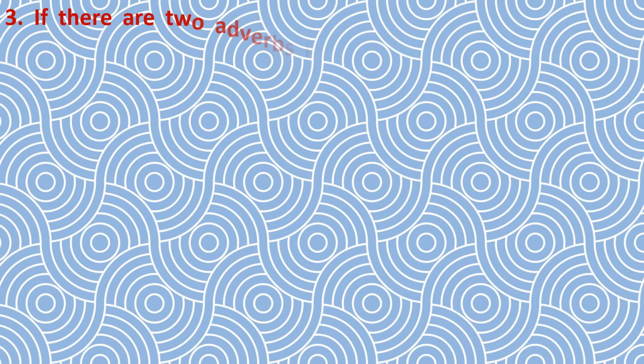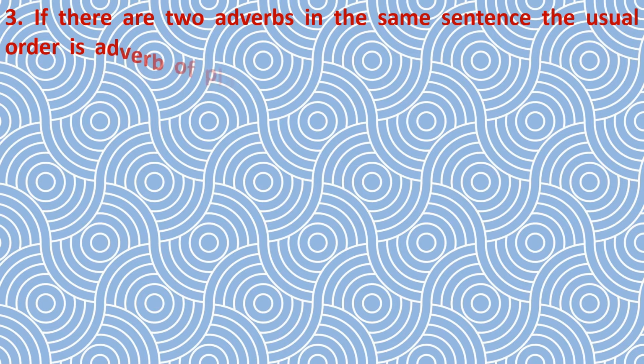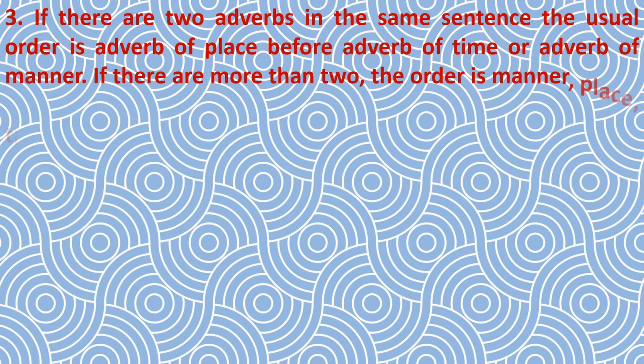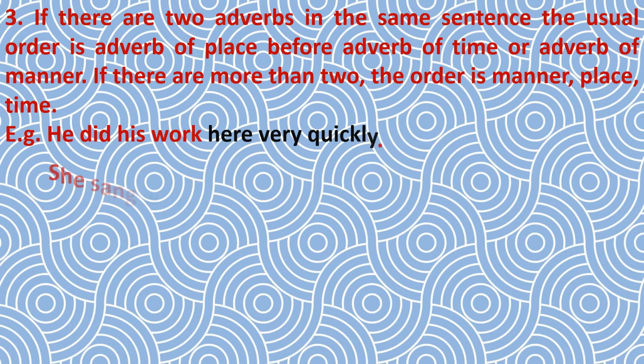Number 3: if there are two adverbs in the same sentence, the usual order is adverb of place before adverb of time or adverb of manner. Remember, children, it is not necessary that only one adverb comes in a sentence. There are chances you will get two or more adverbs in the same sentence.